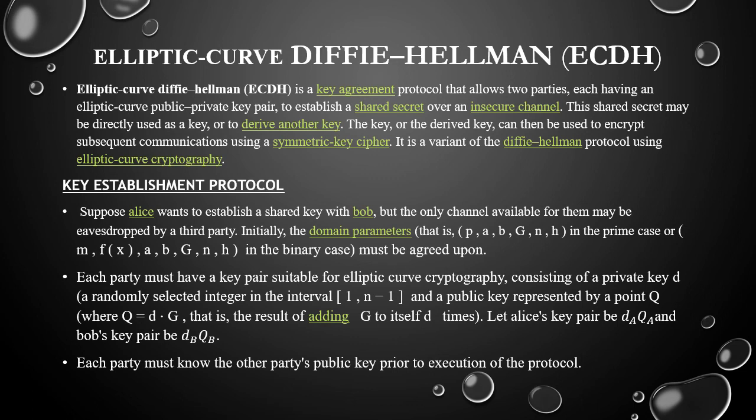Then each party must know the public key of the other party to execute the protocol. Alice and Bob compute the point xk, yk, where Alice gets dA times QB and Bob gets dB times QA. Here xk is the shared key.